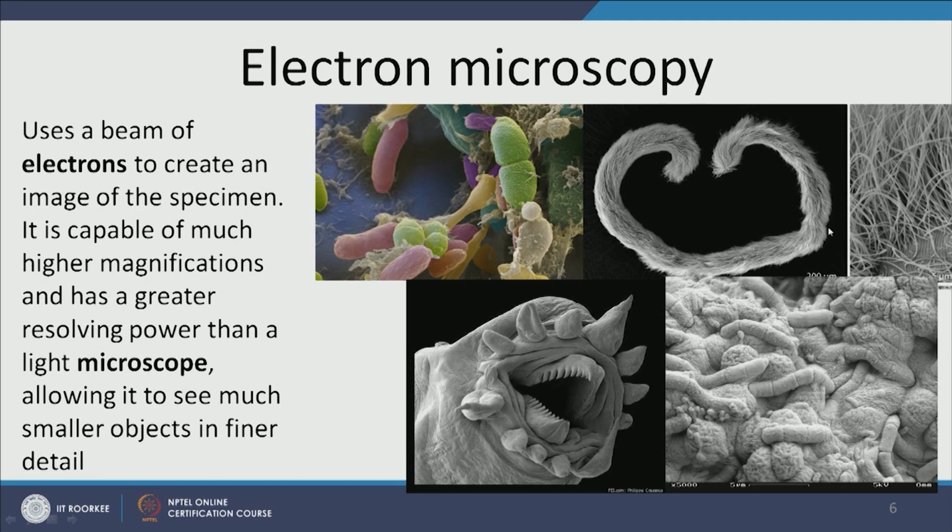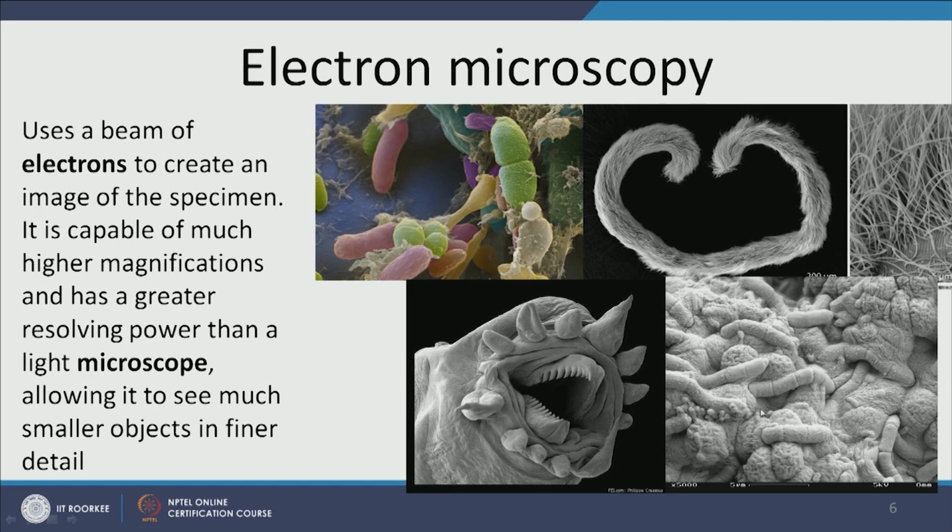In fact, this almost heart-shaped image, the hair-like appearance, is what has been magnified and seen more closely in the image to its right. So this is the filamentous growth that you see here. Not only can we see the structure and the morphology of the microbe very clearly under electron microscope, but we can zoom in and get a high resolution image.